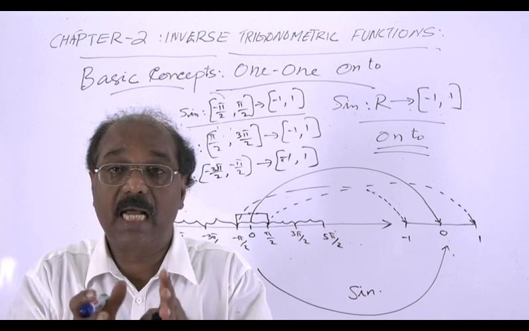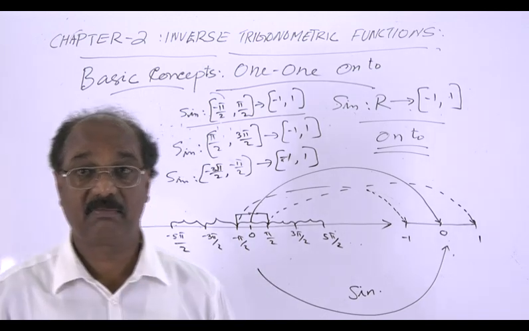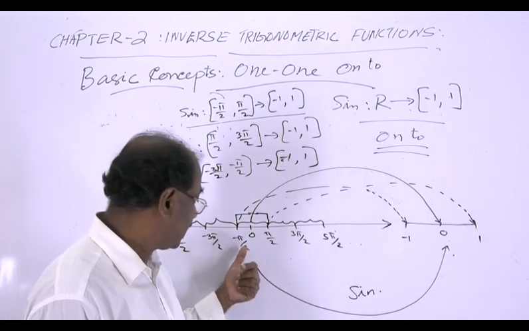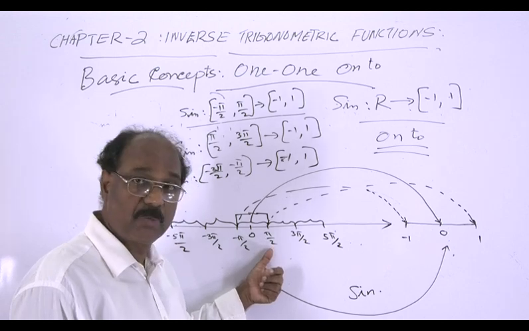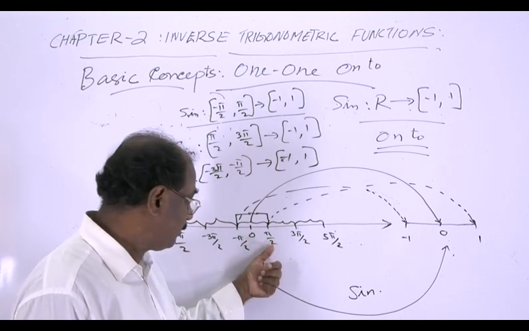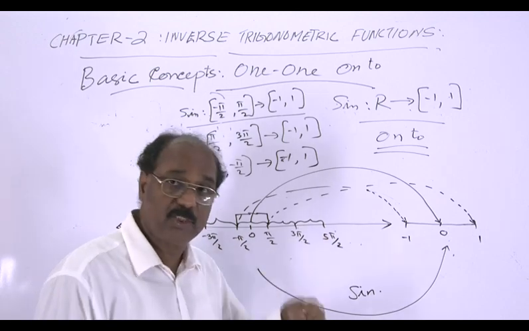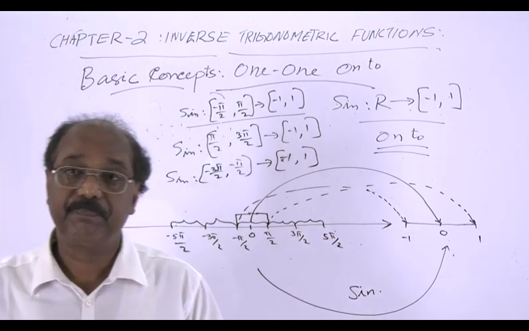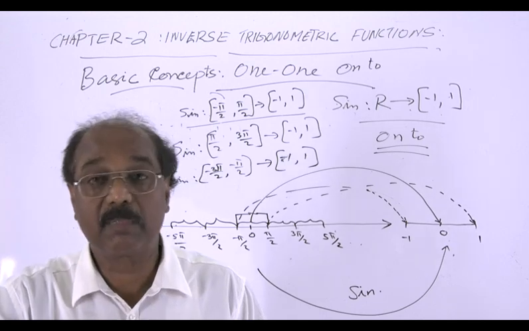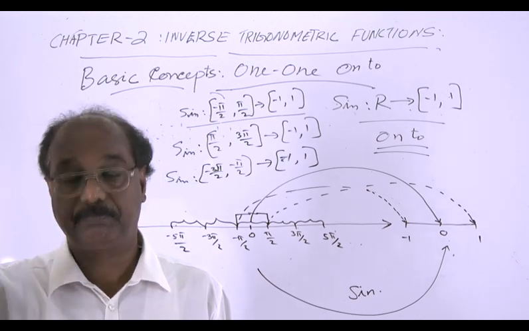These are called the branches of the sine function. The interval -π/2 to π/2 gives one branch of the sine function, π/2 to 3π/2 another branch, 3π/2 to 5π/2 another branch, and so on.